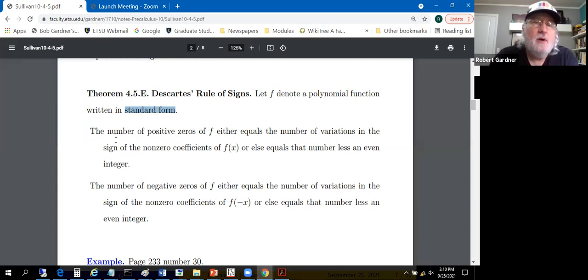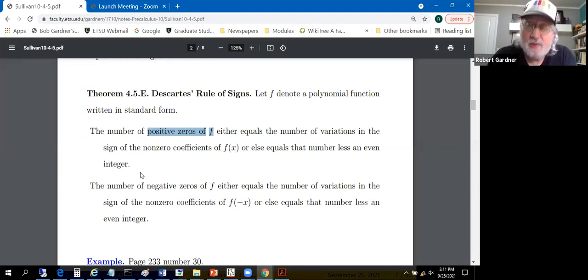The claim is the number of positive zeros of f either equals the number of variations in the sign of the non-zero coefficients of f of x, or else equals that number less an even integer.